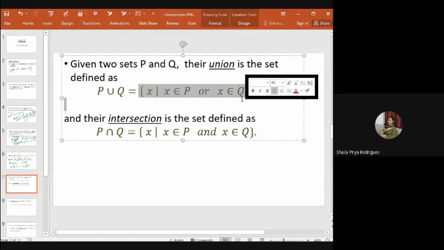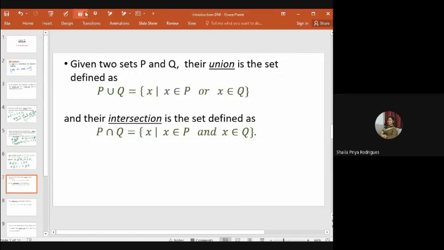I'll repeat again for you, or maybe I'll write this down. This is read as the set of all X, because I've denoted it as X here.